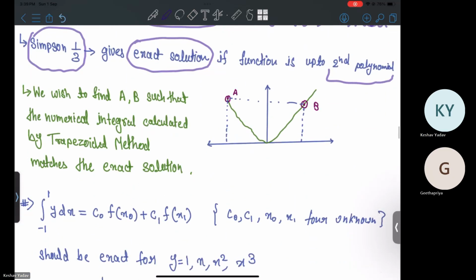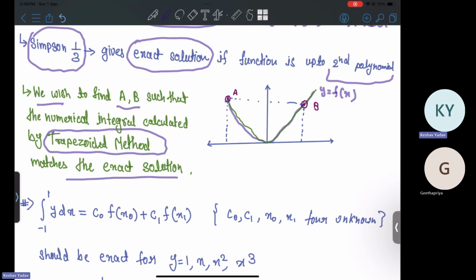Suppose we have 2 points here, a and b, and some function y equal to f(x). We wish to find points A and B, which need not be the end points of the interval, such that by using the trapezoidal method we can find the exact solution for this function, which is not a linear function.